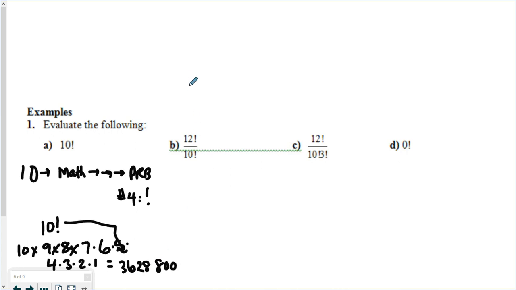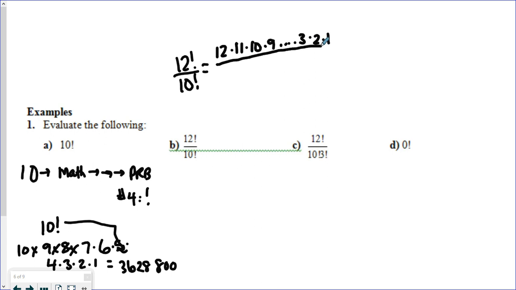So the next one is 12 factorial divided by 10 factorial. So again, you can bop that into your calculator, just 12 factorial divided by 10 factorial. I just want to show you an algebraic way that you can actually solve this. So 12 factorial is 12 times 11 times 10 times 9, dot dot dot, times 3 times 2 times 1.